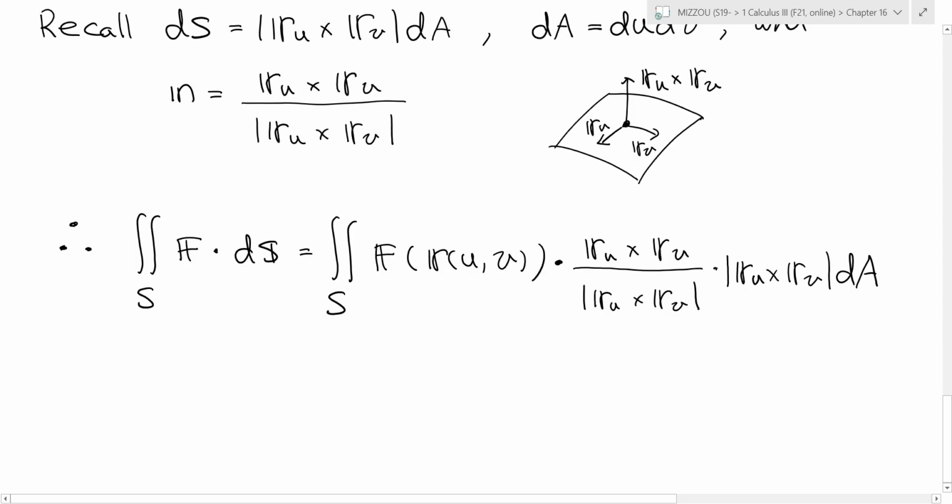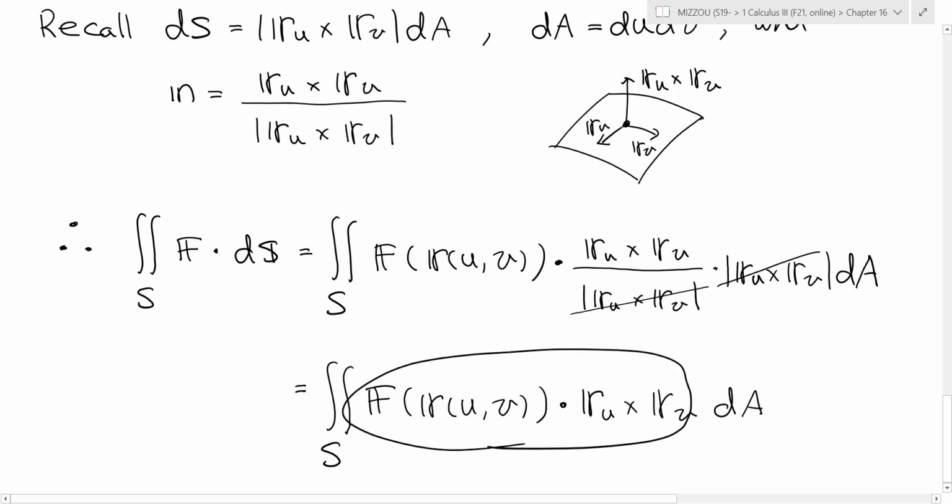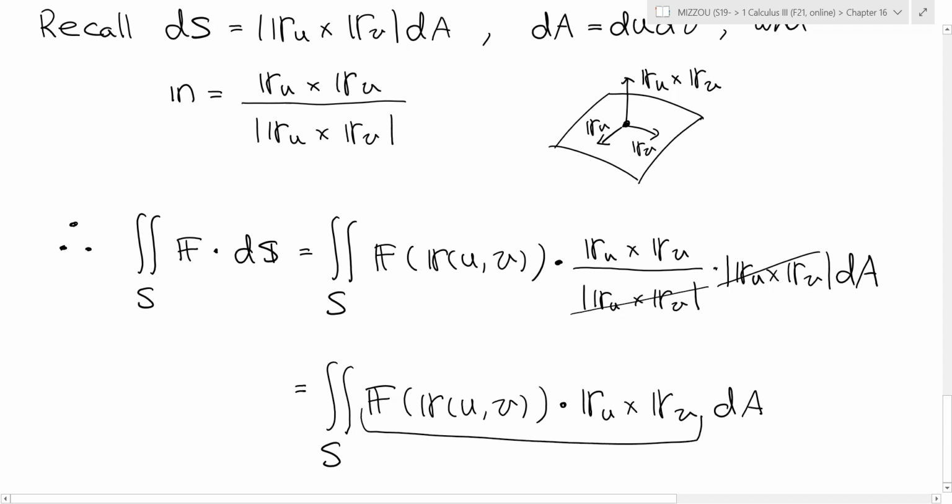So therefore, we can cancel. Since this is a dot product of two vectors with variables u and v, this entire thing is a scalar. So this is a scalar valued function with variables u and v.